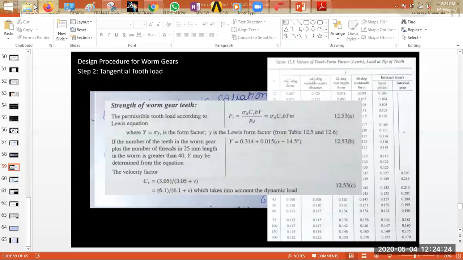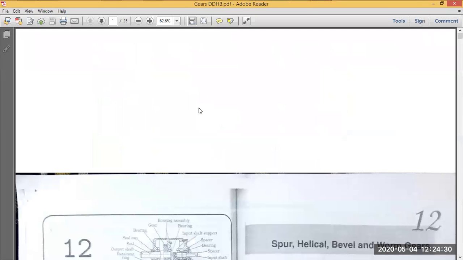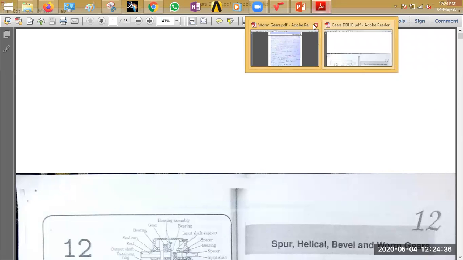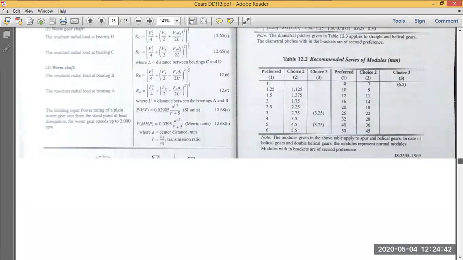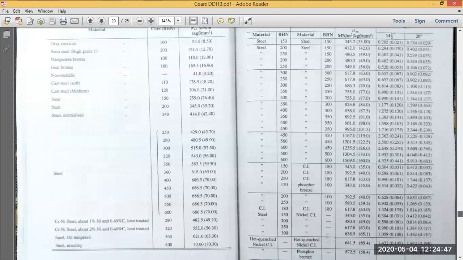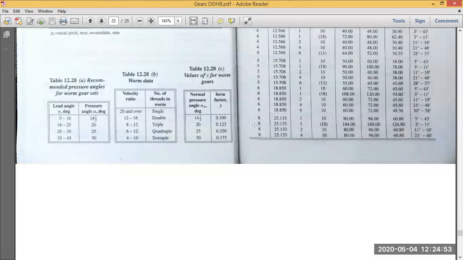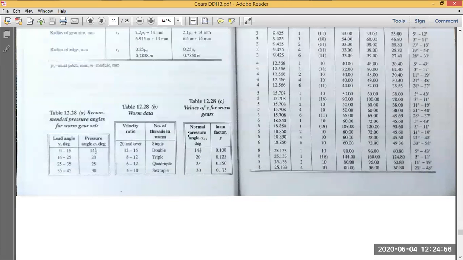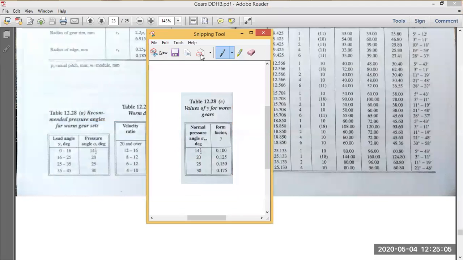Okay, let me open it. And here. Okay, here I think it's there over here. This is a different table altogether. We need to input this. Forgot to input this in the presentation.